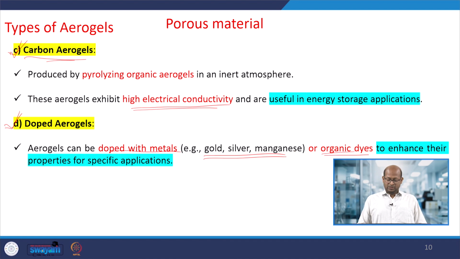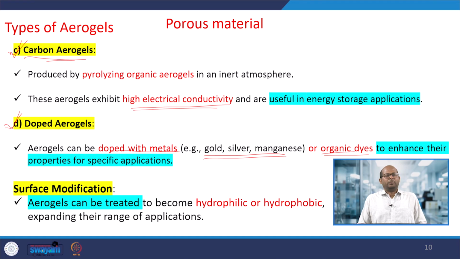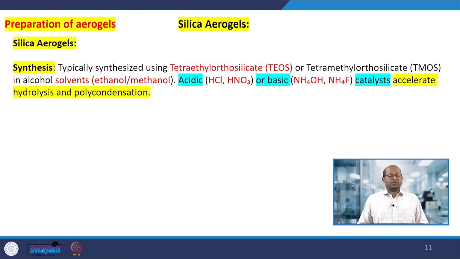By using this type of doping, the properties of the aerogel we have prepared can be changed, and a specific property can be increased or decreased, depending upon the material that was doped. Okay, and then the preparation of silica aerogels. So I said the first one is the aerogel that we have prepared.